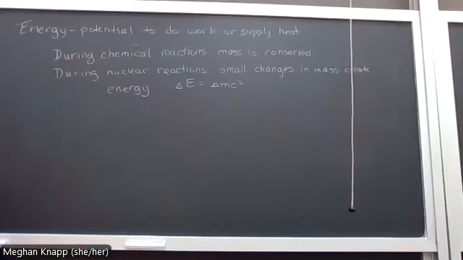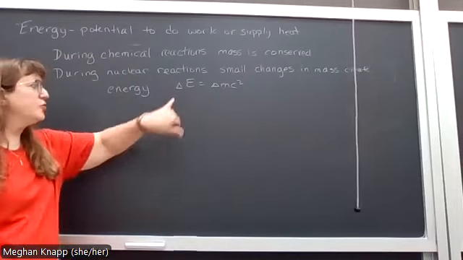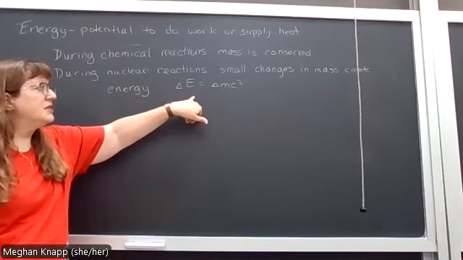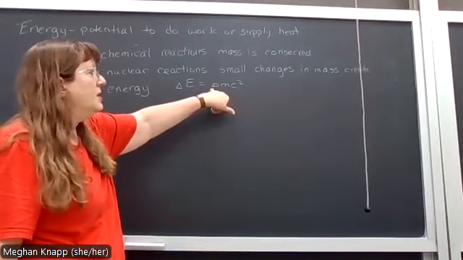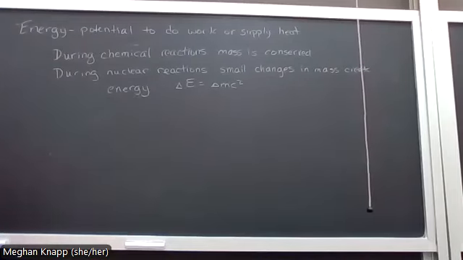So you probably have seen or heard of Einstein's equation, E equals mc squared. So it's really delta E, the change in energy, the amount of energy that comes from this is coming from a small change in mass in the nucleus times the speed of light squared. Now the speed of light is 3 times 10 to the 8 meters per second.